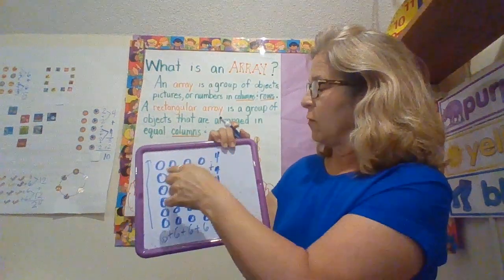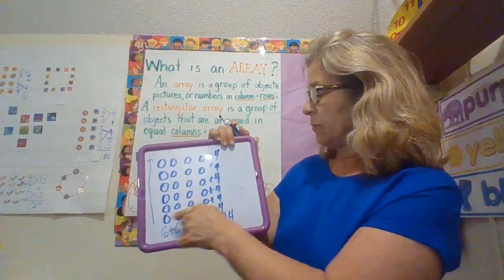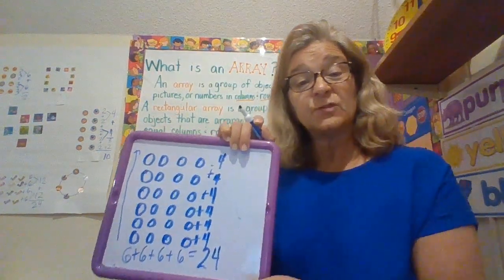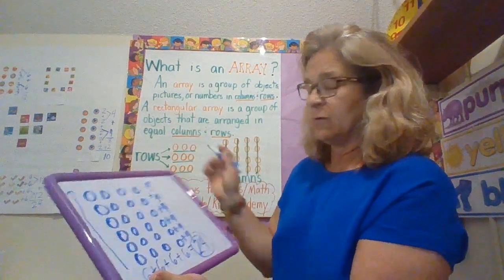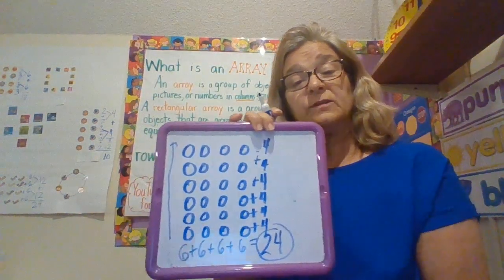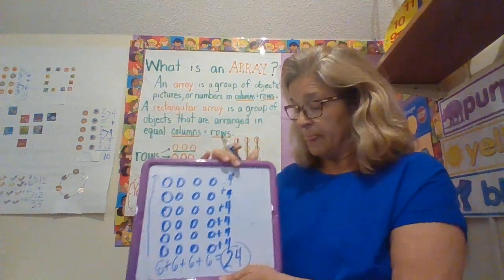So we have 4 plus 4 plus 4 plus 4 plus 4 plus 4. That's 6 rows of 4, and that also is equal to 24. So these are arrays that show repeated addition.